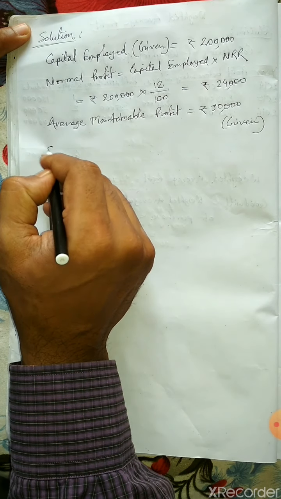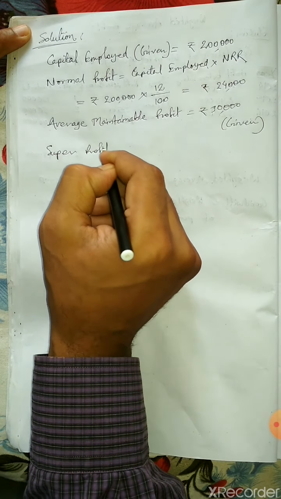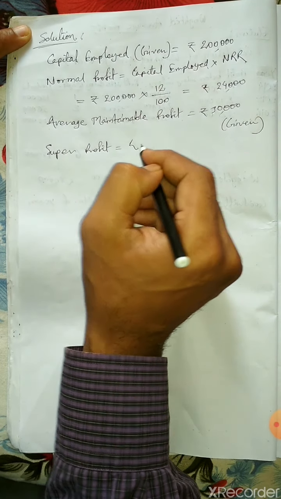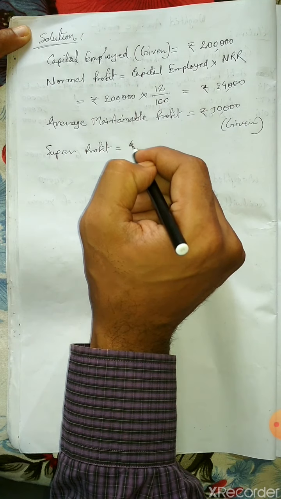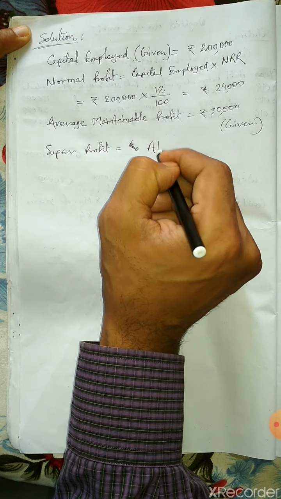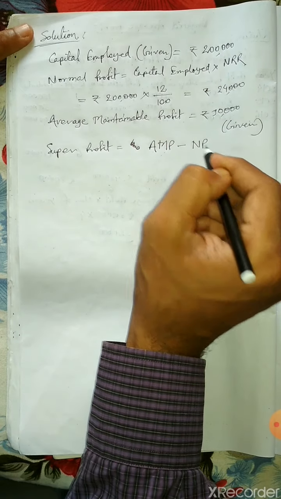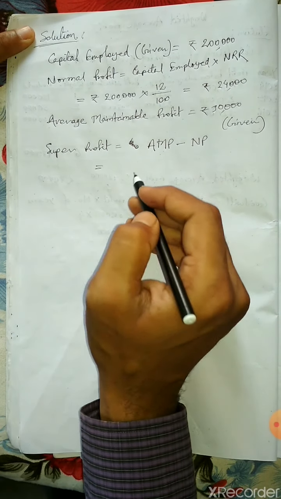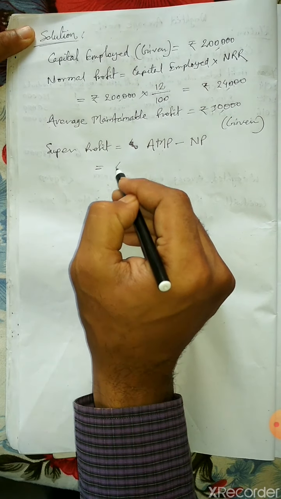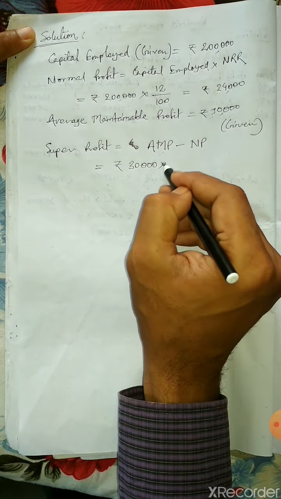Now you can calculate super profit. So super profit equals average maintainable profit, AMP in short, minus normal profit. So here we have rupees 30,000 as AMP and normal profit is rupees 24,000.